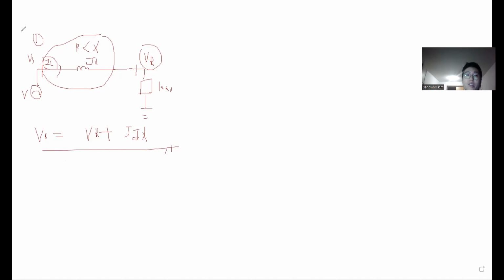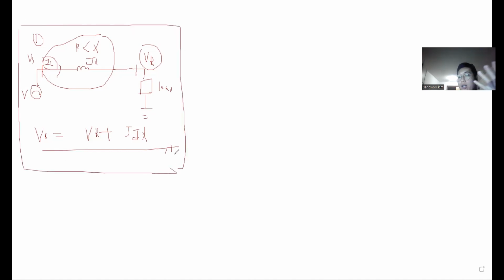So now we can draw. This situation is in the daytime, when you use lots of load. VR is the reference point. In the general situation our current is lagging, at angle theta. The j means a 90 degree lead, so the voltage drop jIX is here.